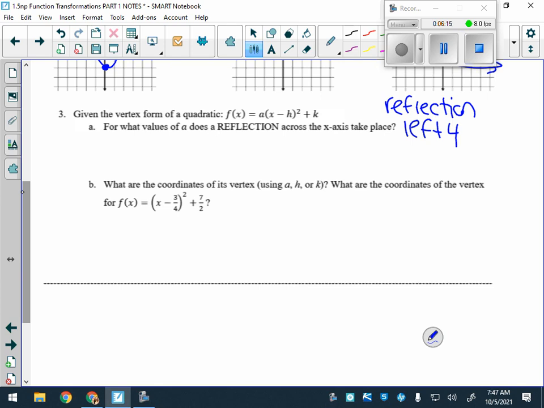In 3, given the vertex form of a quadratic, for what values of a does a reflection across the x-axis take place? Luce. Good. When a is less than 0, meaning it's negative. Okay. What are the coordinates of its vertex? So if I give you vertex form, a, h, or k, what is the vertex using those variables?